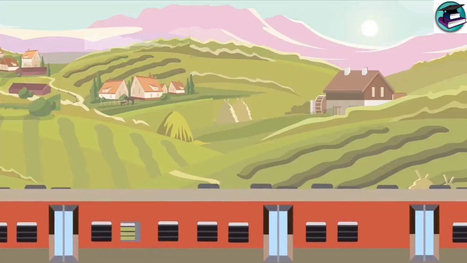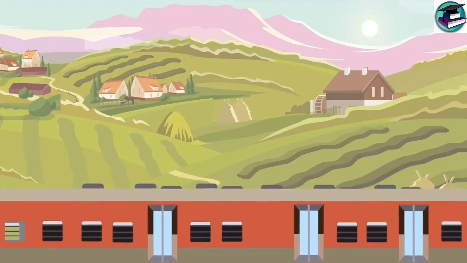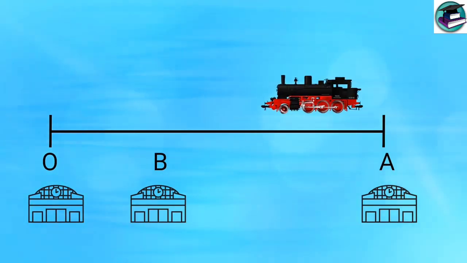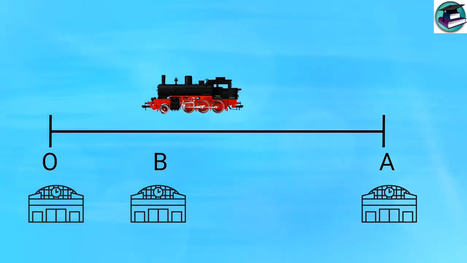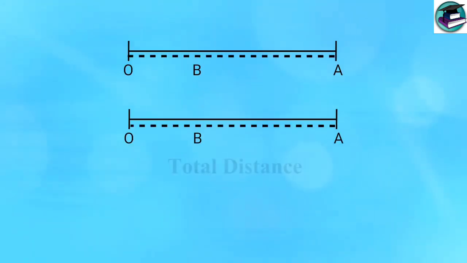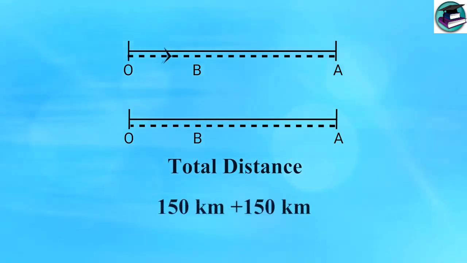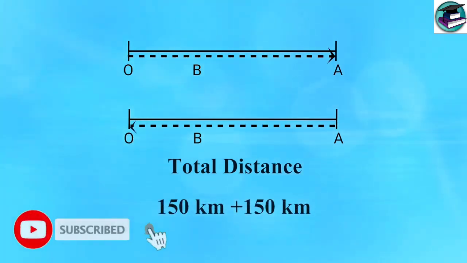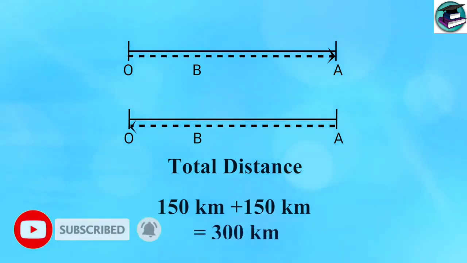Now, on the same day, it has to return to station O. It starts from station A and reaches back to station O via station B. The total distance covered by the train is 150 kilometers plus 150 kilometers, which is equal to 300 kilometers.